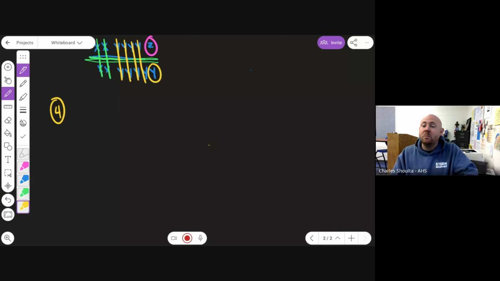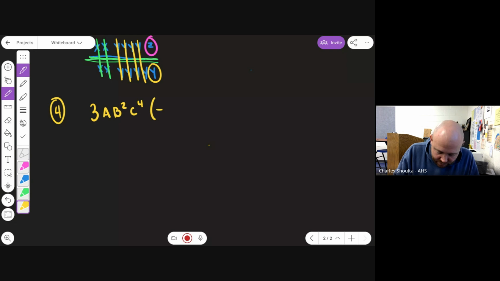I'm going to write it down, not going to work it with you, and see what you guys can do. This is going to take all 3 rules, put them together into one. So here we go. You ready? We'll go 3a b squared c to the 4th times -2a squared, raised to the 3rd power.